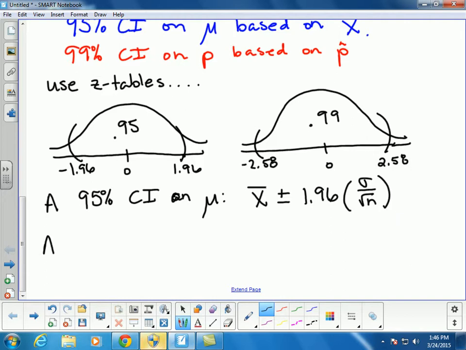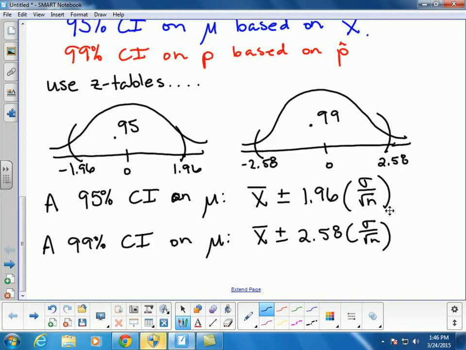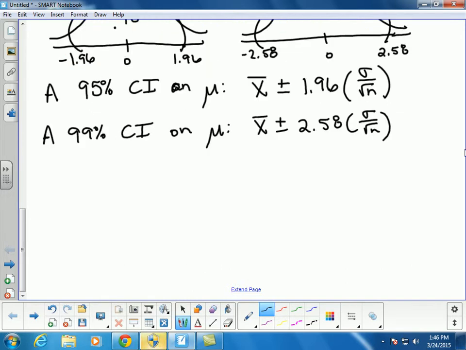If I want a 99% confidence interval on mu, it's x bar plus or minus 2.58 times sigma over the square root of n. And you can also be less confident. Sometimes you'll see reports in reading where they have a lower confidence level, like an alpha level of 0.1. It means that they aren't quite sure that their sample was that good, but they're going to report on it anyways.